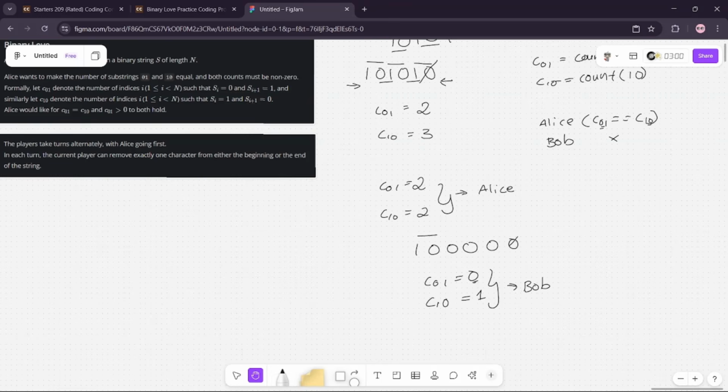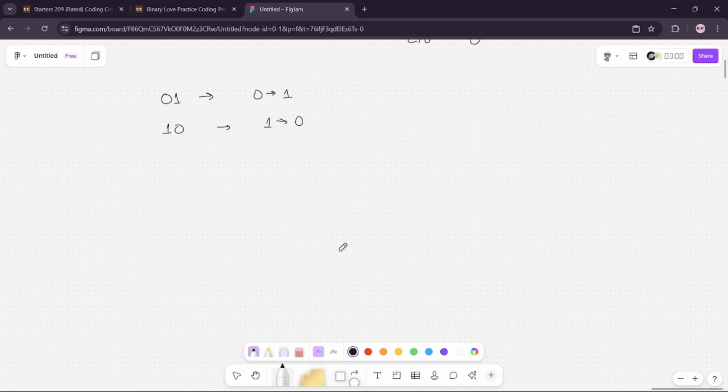Now let's make some observations. In any binary string, a substring 01 is only possible when a character moves from 0 to 1, and we get a substring 10 when a character moves from 1 to 0.